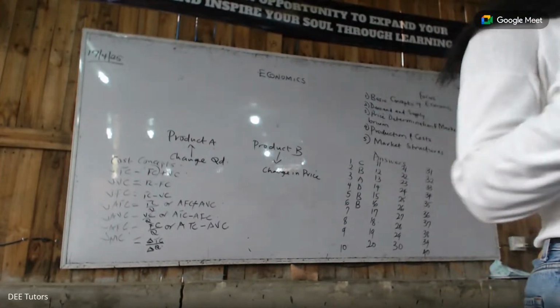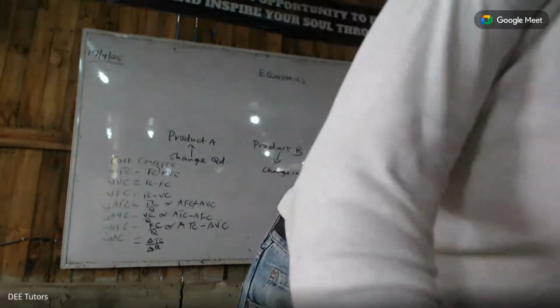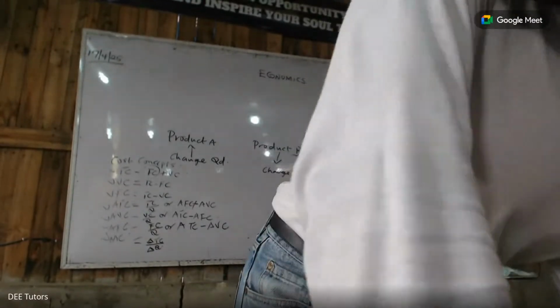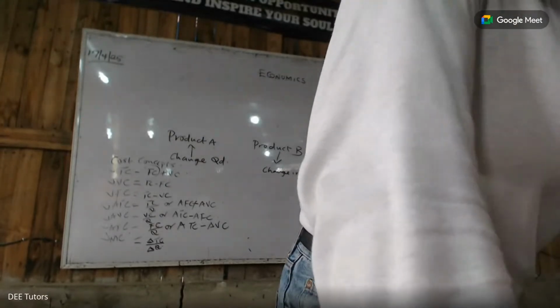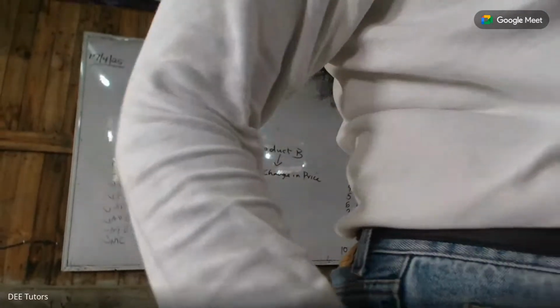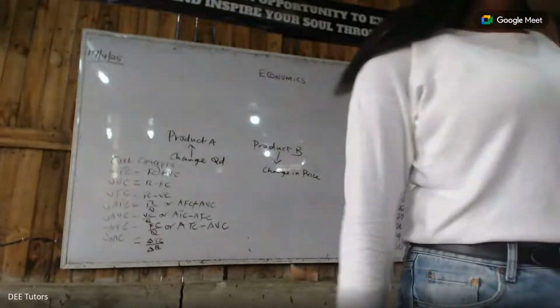They complement each other. Listen now. There is an increase in the consumer demand for product X as the price of product Y decreases. I want to explain. I am taking bread and beans.